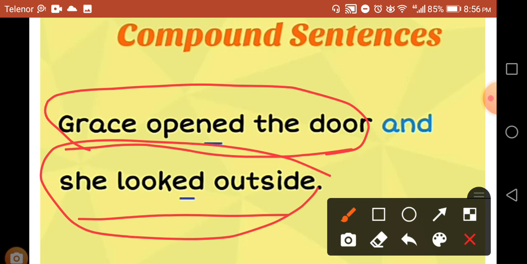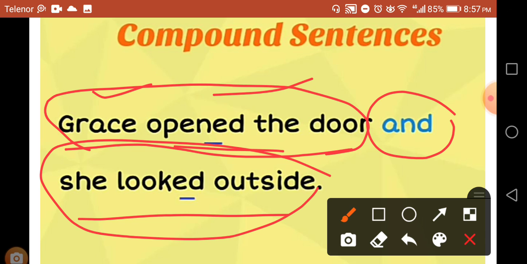An independent clause means a clause which can stand alone, and a clause is part of a sentence that contains a subject and a predicate. So these two independent clauses are connected by a coordinating conjunction, which is also known as a FANBOYS conjunction.